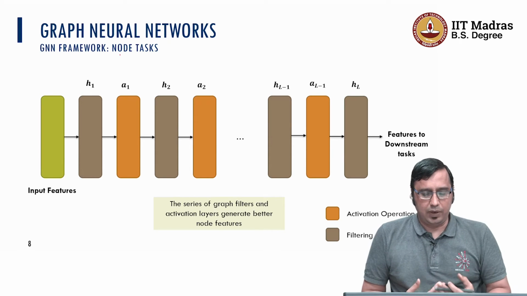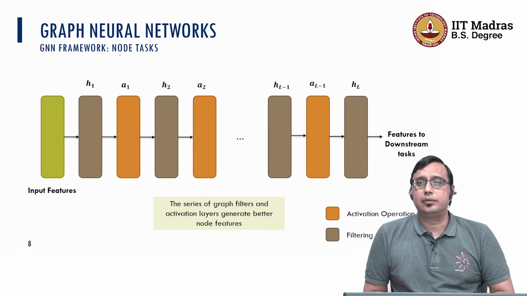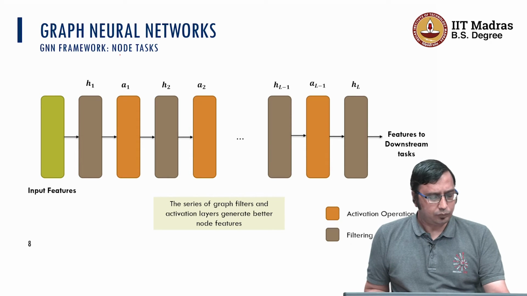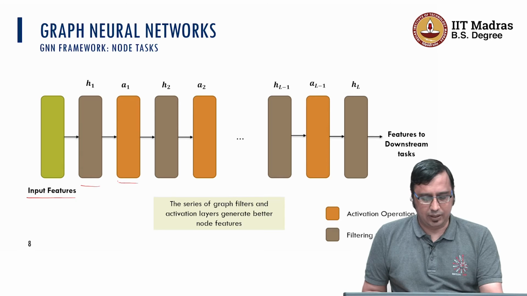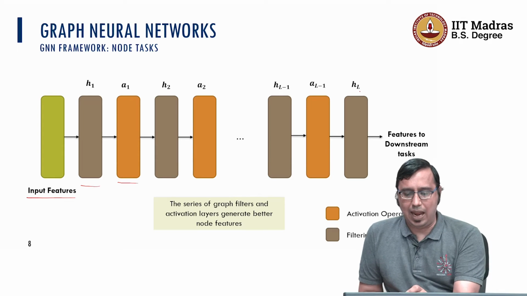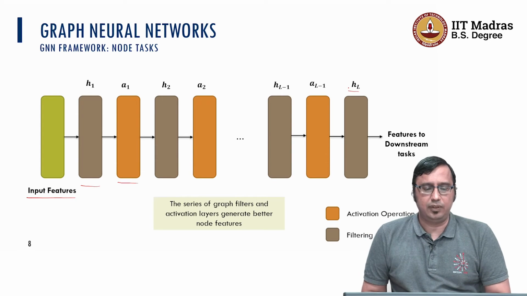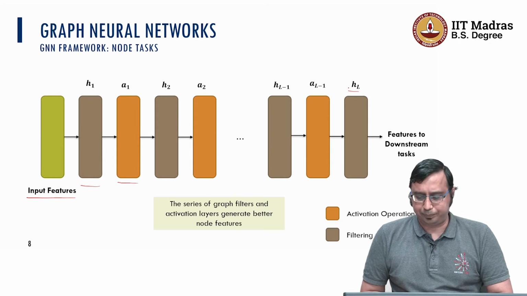In a node task, we are interested in generating better node features, which allows us to predict any downstream task related to the node in a superior manner. So we'll start with the input features. There is a graph filter followed by an activation layer. There is another graph filter, activation layer, and we can have L such graph filters and L-1 activation layers.